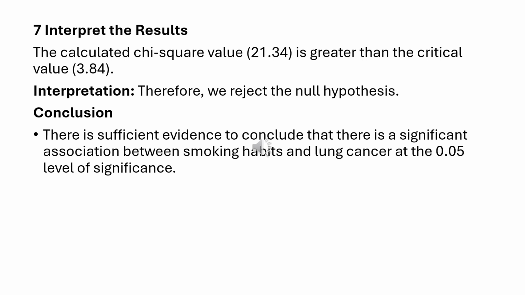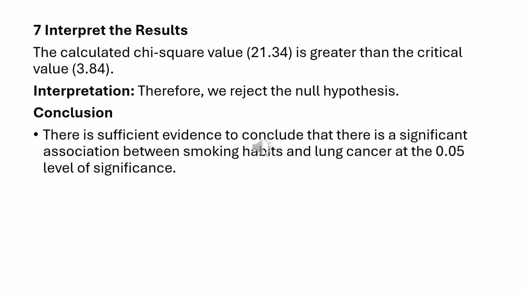Next we calculate the chi-square statistic. After setting the hypothesis, the next step is setting the alpha value, then calculating the expected frequency, and then calculating the chi-square statistic. The chi-square value is equal to the sum of (observed value minus expected frequency) squared divided by expected frequency, as shown in slide number 5.